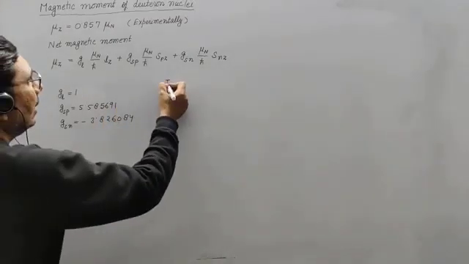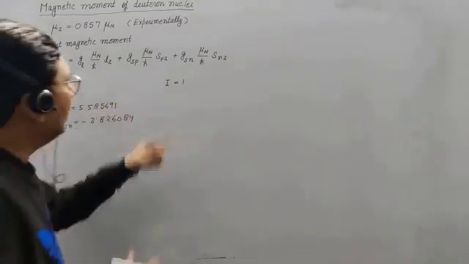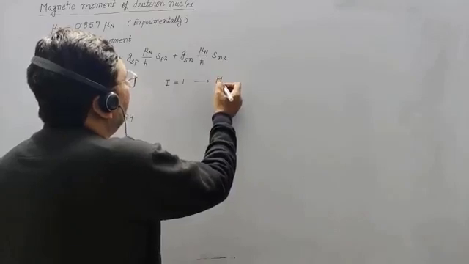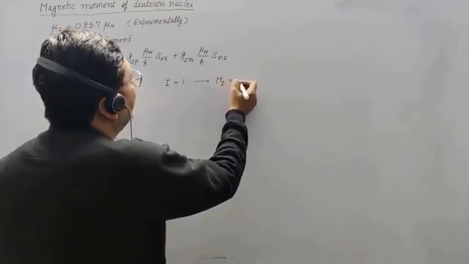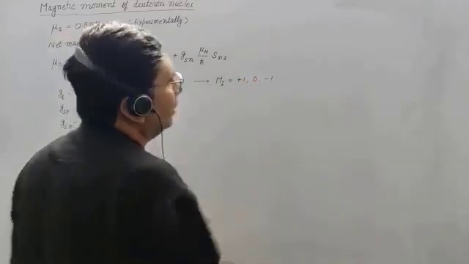Now for the deuteron nuclei, we are aware that I is equal to 1, and corresponding to this I equal to 1, Mi will have 3 values: plus 1, 0 and minus 1.